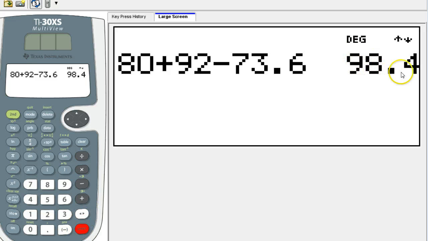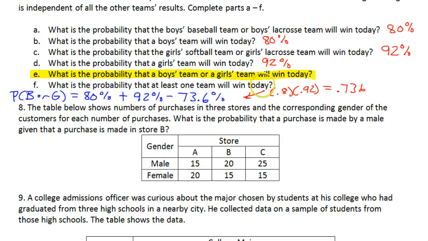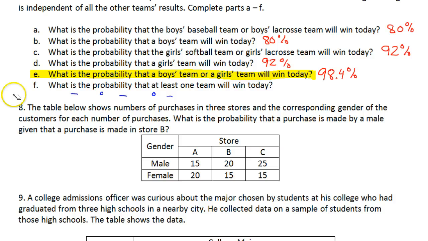That's 98.4%. It's a pretty good probability. So that's the probability that a boys team or a girls team will win today.